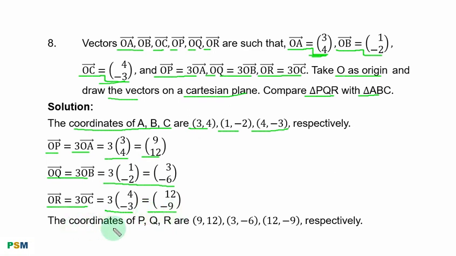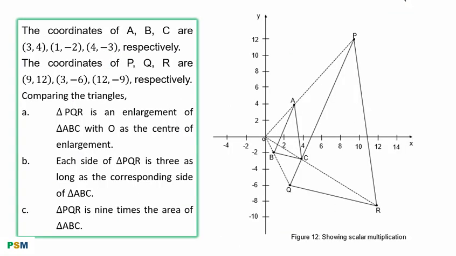The coordinates of PQR are 9, 12 for P. This is for Q and this is for R. The coordinates of A, B, C are this from the previous solution. The coordinates of P, Q, R, you have them in this form respectively.